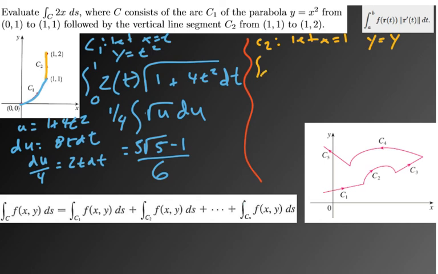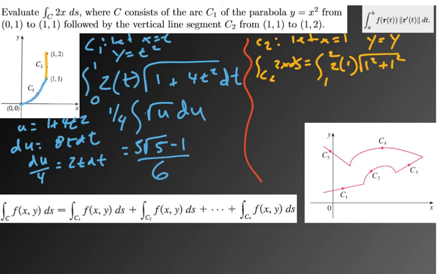So the integral over curve 2 of 2x ds would equal, we're going from 1 to 2 in y, and then we've got 2 times 1, which is x. I'll just put it in there. And then we've got the magnitude of 1 squared plus 1 squared. Oh, wait, no, sorry.